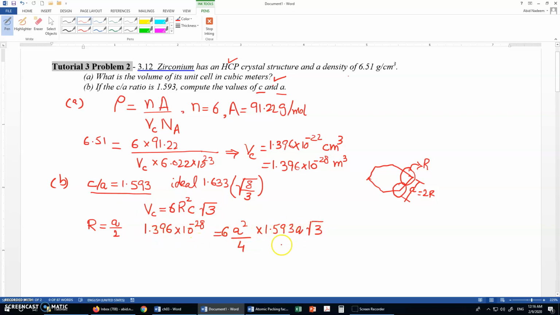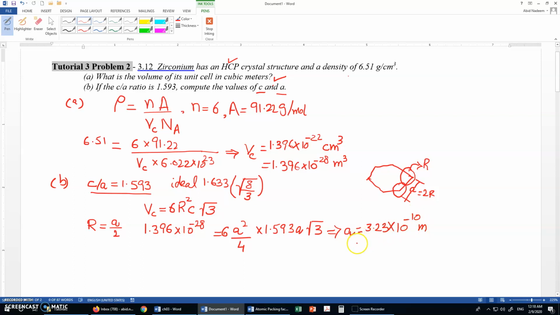Everything is known except A, so calculate A from here. It is 3.23 into 10 to the power minus 10 meter.